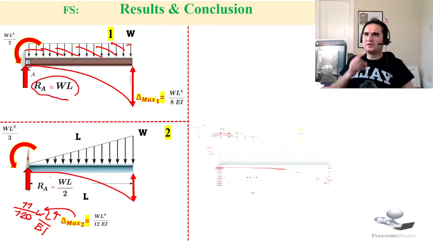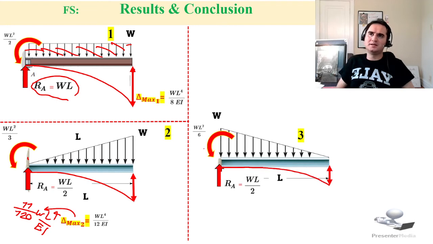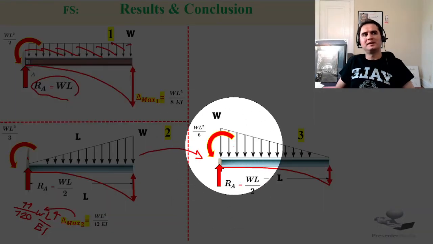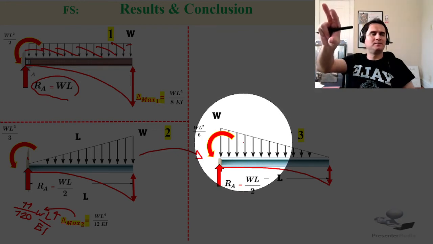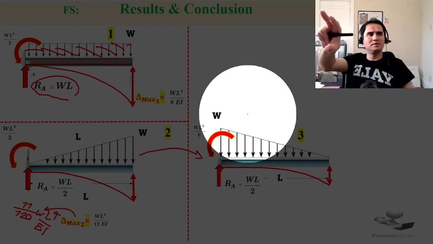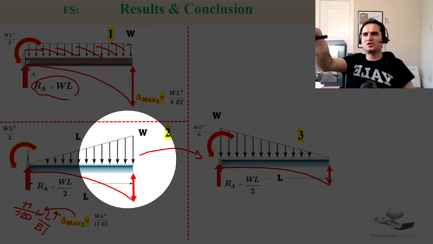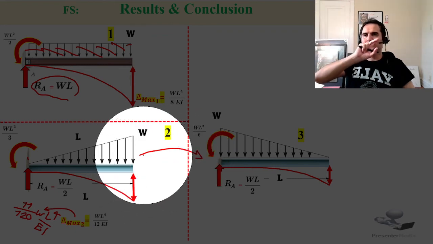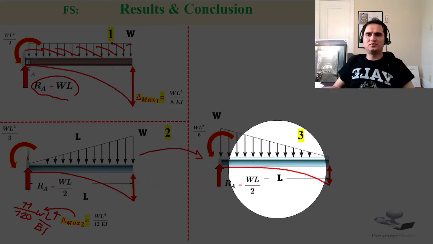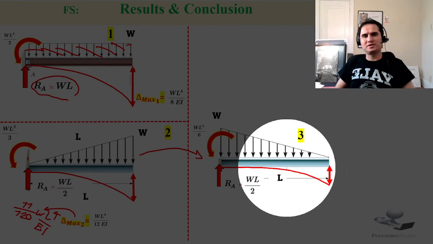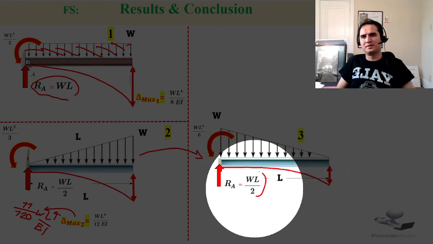And the last scenario is exactly case number two, but a flip-flop happened in loading. So this is the bigger chunk of load at the beginning of the beam, and in the previous case the bigger chunk was at the free end. Yet we anticipate a lower deflection, even though the load is the same.